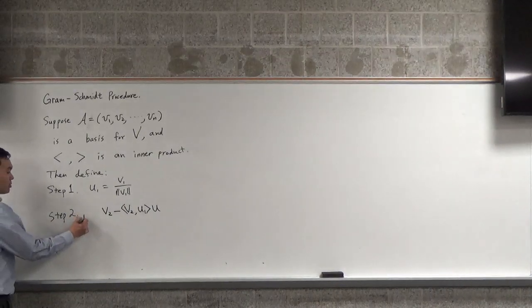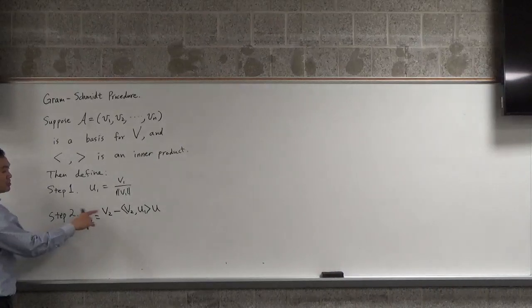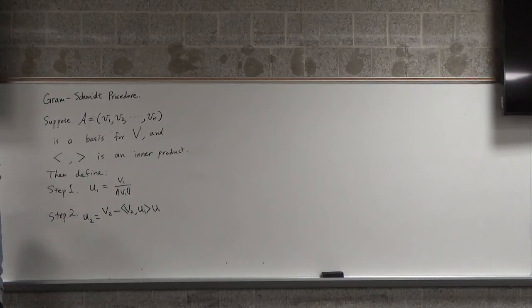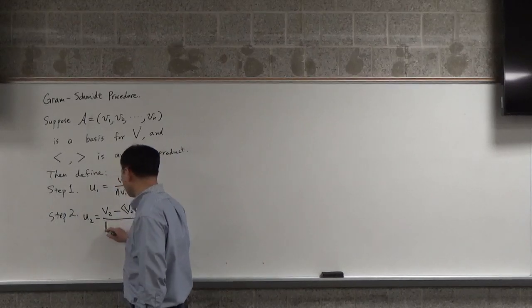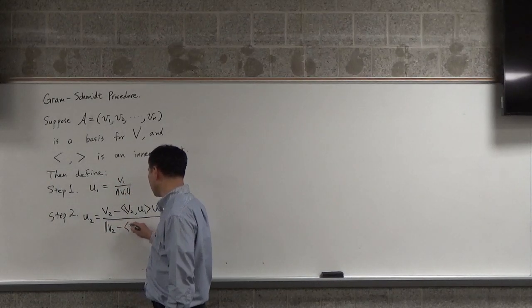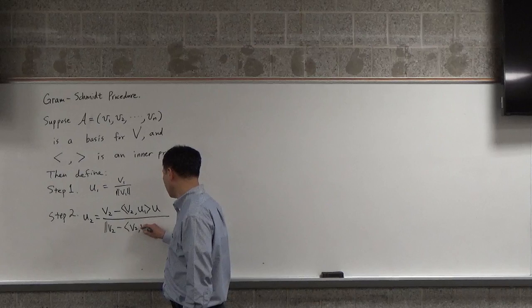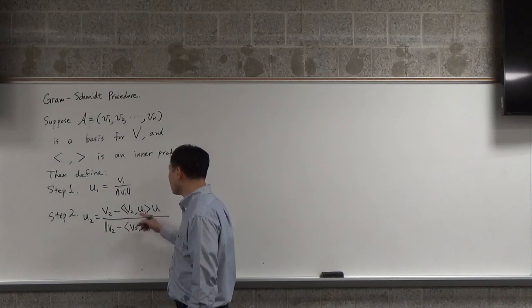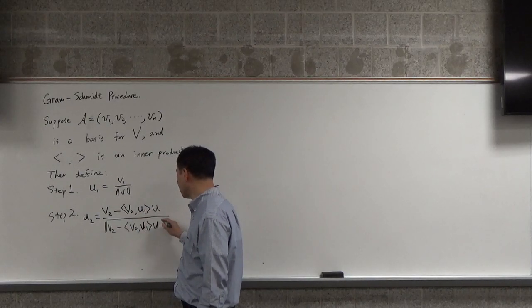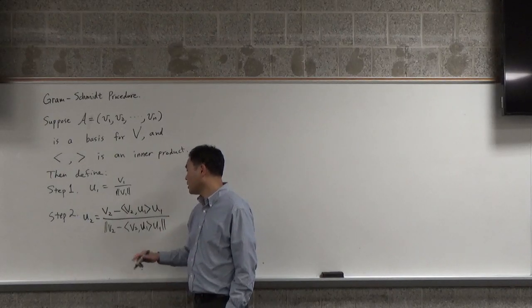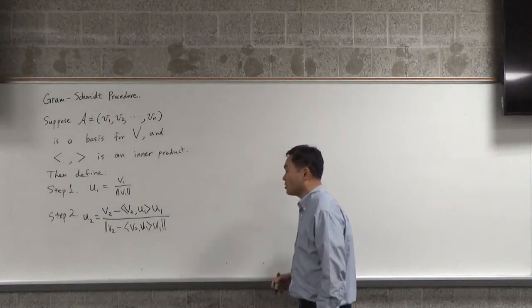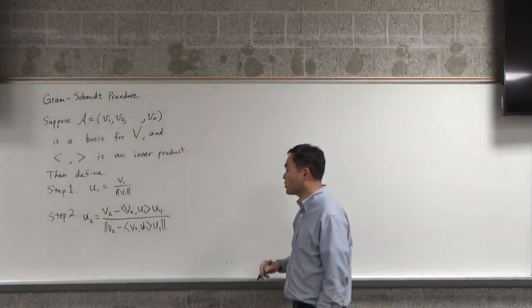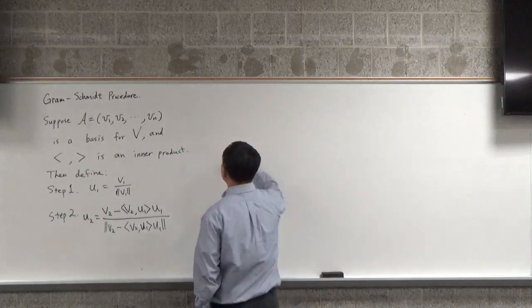And then we're going to call this u2, but the problem is this is not going to be a unit vector, so you divide it by its norm again. The first part is to make it orthogonal to u1. And then the second part, dividing by it, would give you a unit vector.